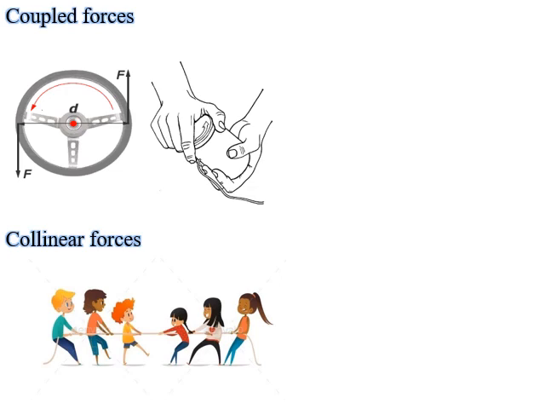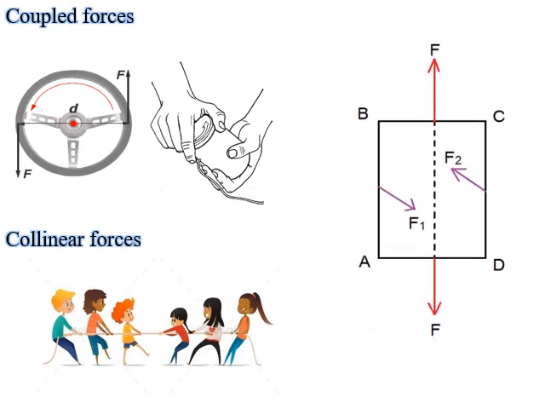If I have to represent this on a rectangular loop, it will be this way. So there is a loop A, B, C, D, and there is an axis. The dotted line that you are seeing is the axis of the loop, and along that line, collinear force will be acting.